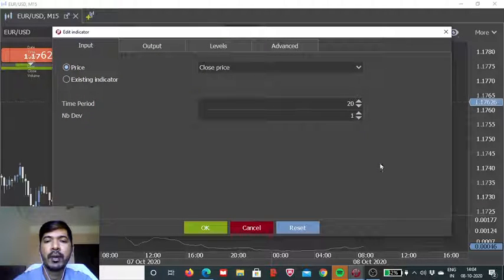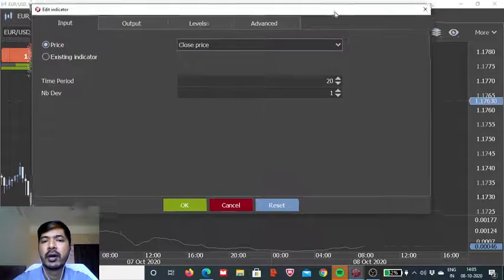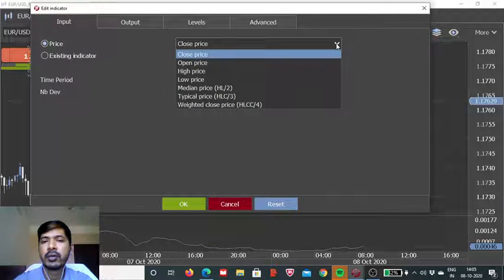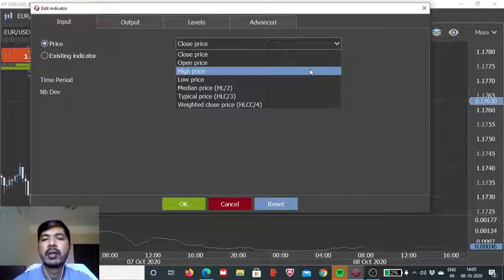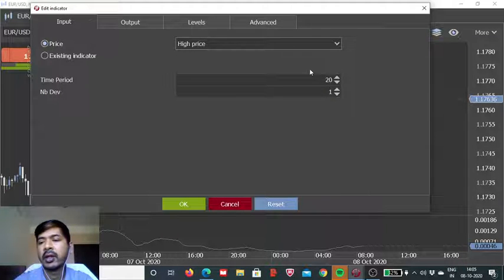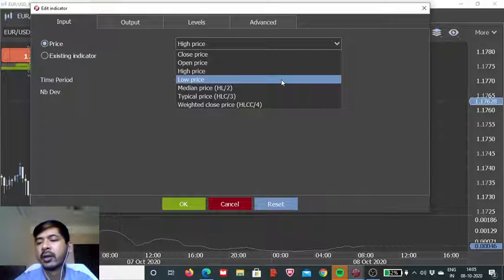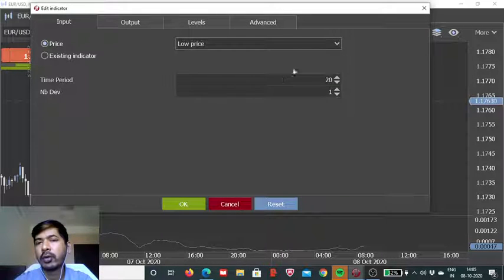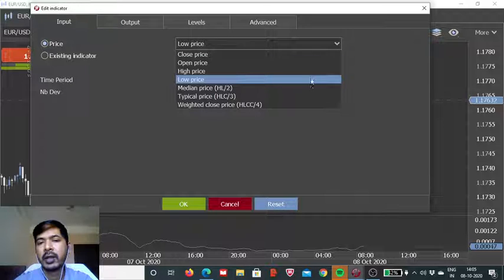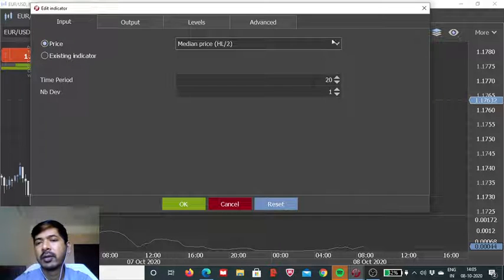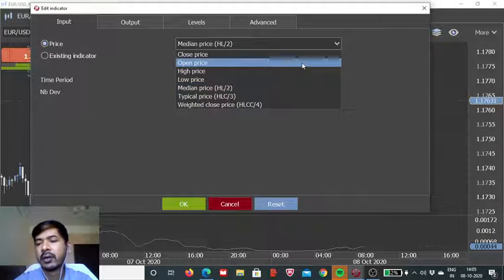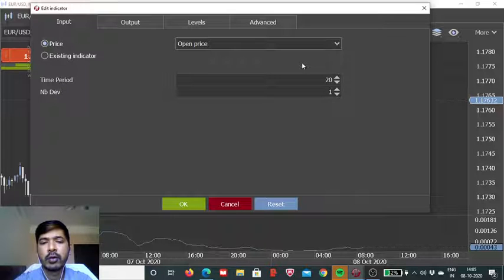So for example, if we choose a different price to take the difference with the SMA, say high price, we will see that to some extent there is a difference in the standard deviation output values, with low price, median price. It's not large, but to some extent it is there.